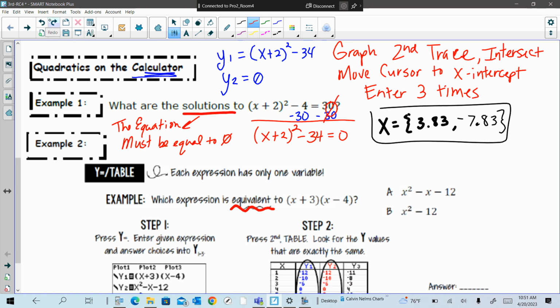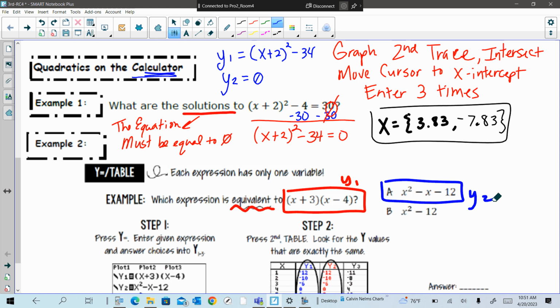So here's what I want you to do. I want you to put this expression as your y1 in the calculator, and I'm going to put my answer choice A as my y2. I'm checking for them to be the same.